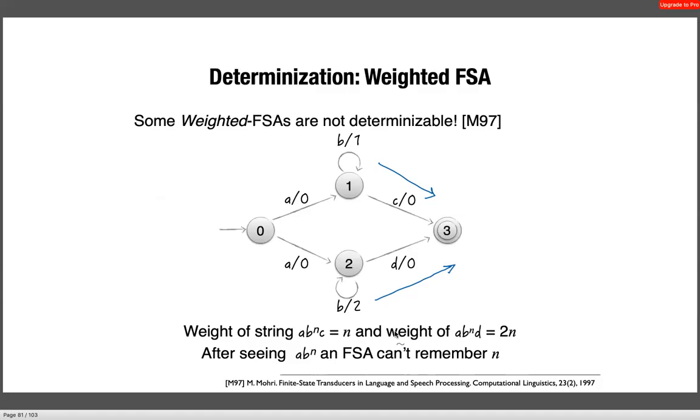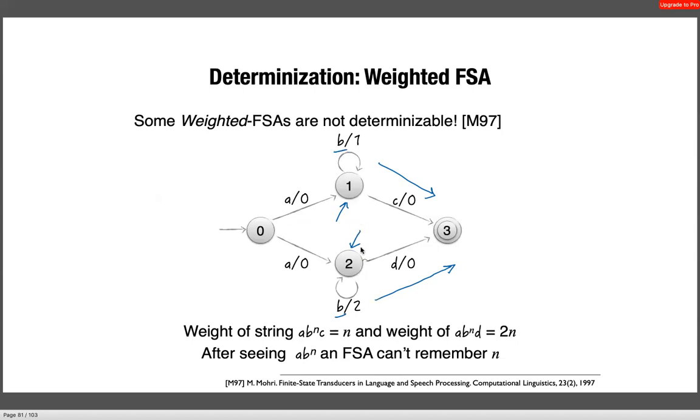And there is a more formal way to state this, as to when weighted finite state acceptors are not determinizable, and that's when they do not satisfy what is known as the twins property. Here these two states are referred to as twins because from the initial state, you reach states 1 and 2 with the same label A, and then they have self-loop transitions on these states again with the same label B, except the weights on these self-loop transitions are different.